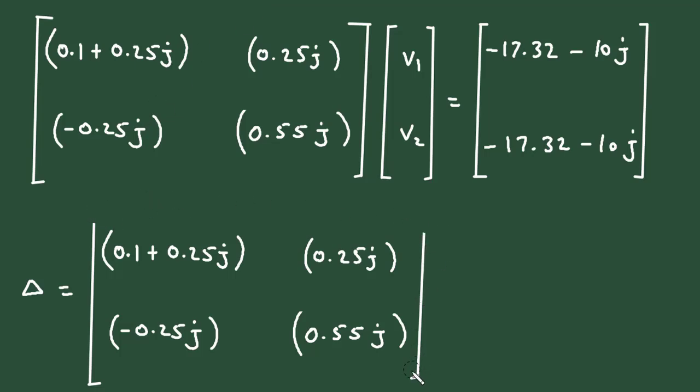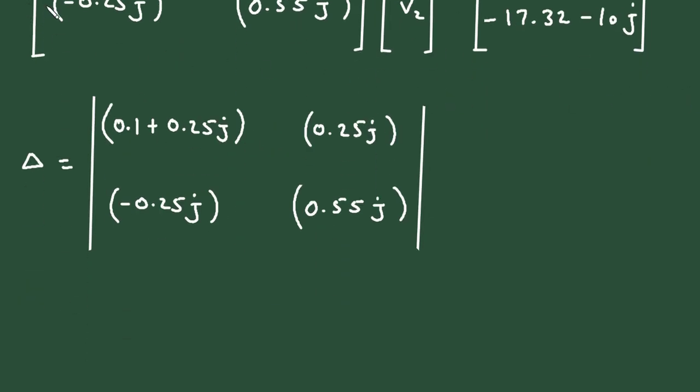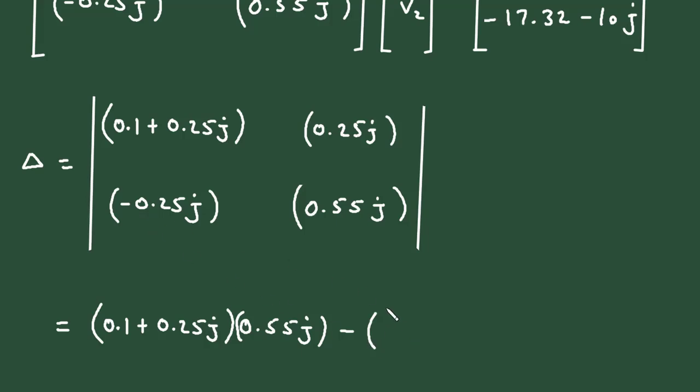So determinant of this will be, let's solve this into this. This term multiplied with 0.55 J, then minus this, minus 0.25 J multiplied with 0.25 J.